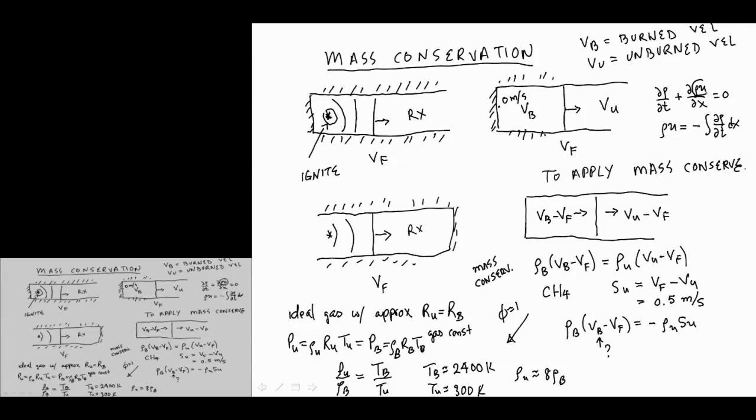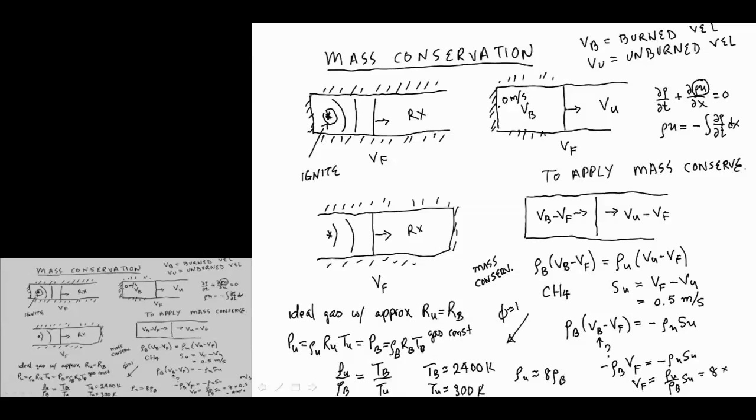So this is great. It says that minus ρB VF is equal to minus ρU SU, or VF is equal to ρU over ρB times SU, which is equal to 8 times 0.5 meters per second. So we get 4 meters per second.